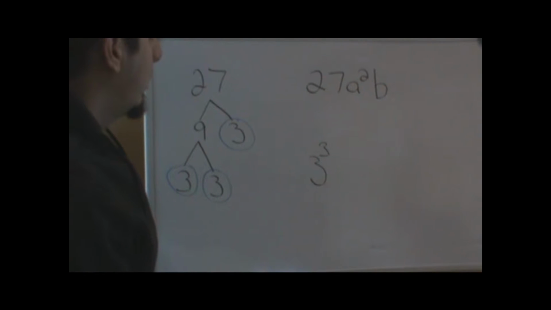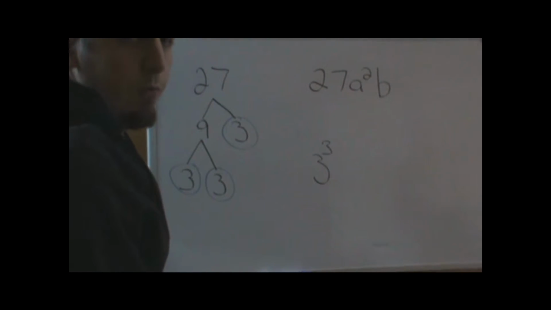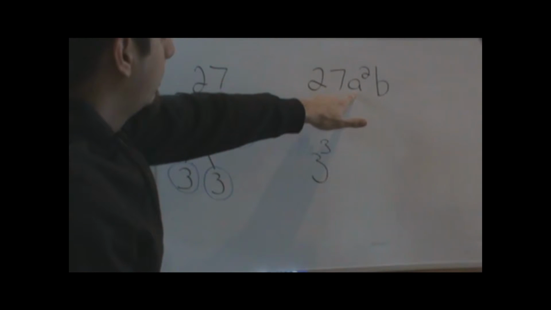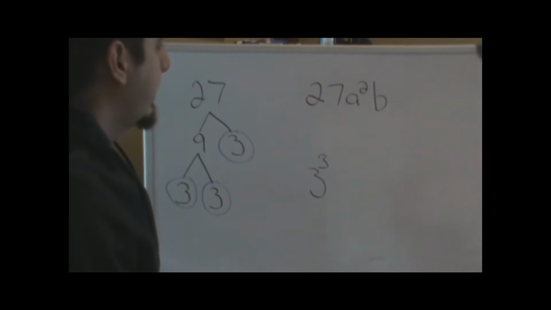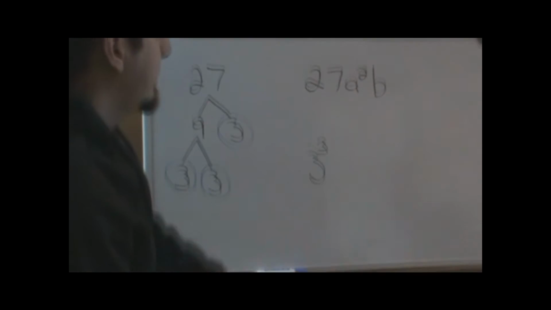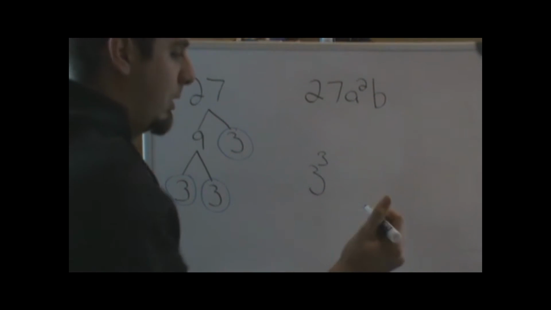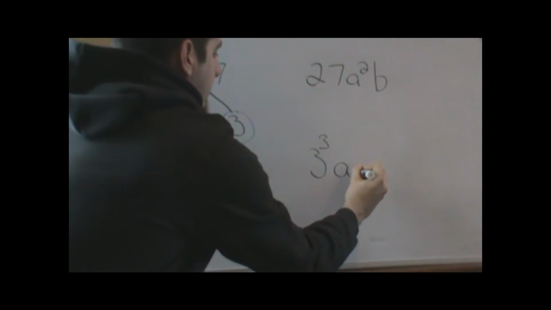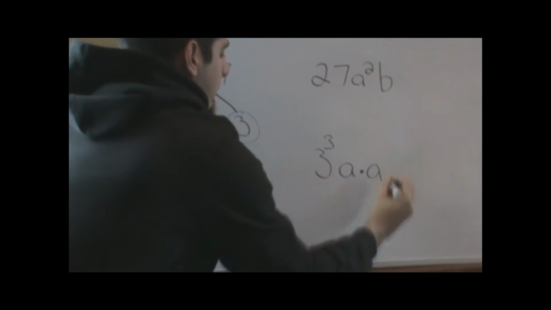At this point, you are looking to find factors of a squared and b. Well, what do you multiply to get a squared? You multiply a times a.